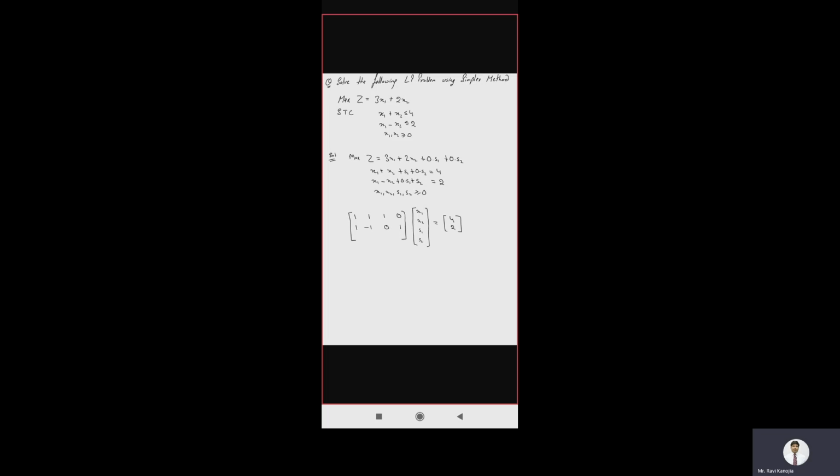Now, what I need to do after this is to start with the iteration, and for that we need the first table. I'll change the page because I don't have much space. I will start from a fresh page so that we can get the iterations going.